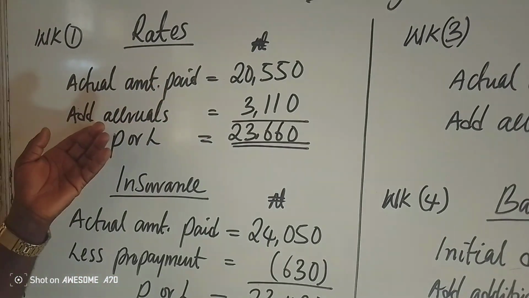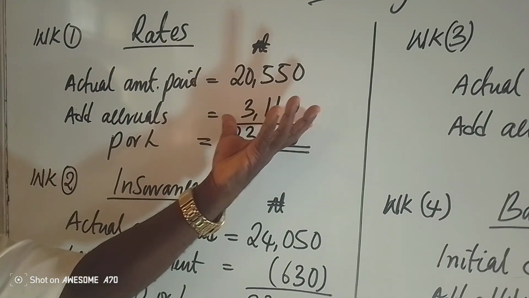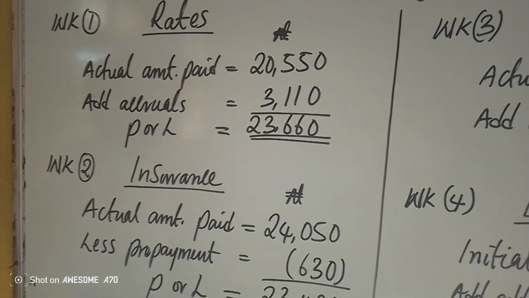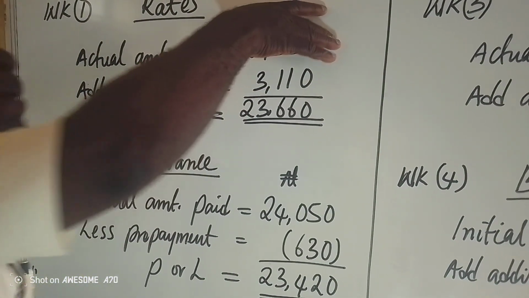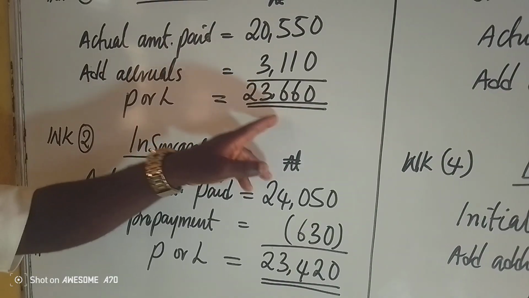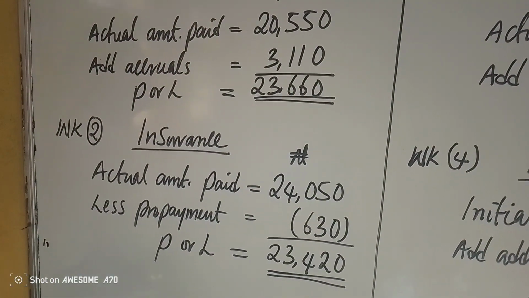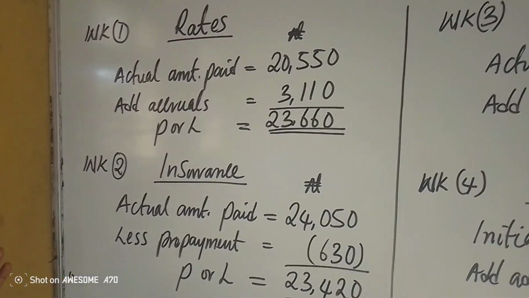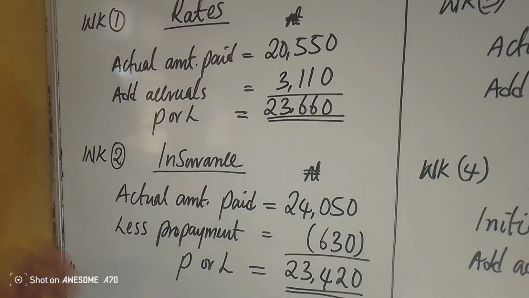That is why we are adding the adjustment of rent, which was accrued or outstanding, worth 3,110 naira. If you add this to the initial amount paid given in the trial balance, you now get 23,660 as the amount that we charge in the profit or loss under operating expenses, and this adjustment has been well handled.